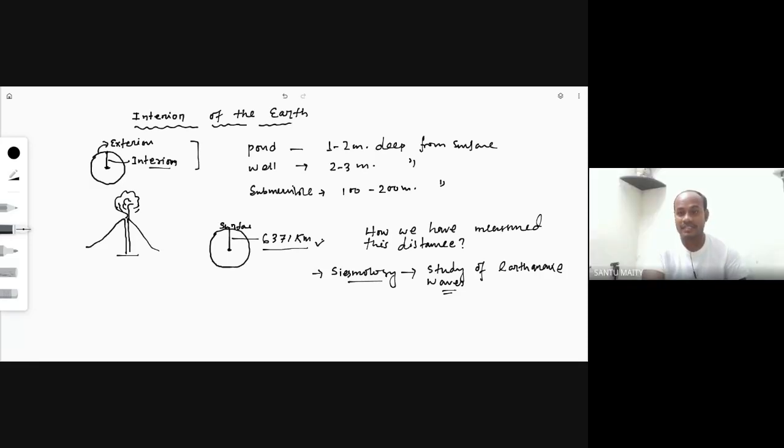We can improve this definition: due to the bursting of a huge amount of energy, when our surface experiences sudden vibration, that is called an earthquake. Or alternatively, the sudden vibration of the Earth's surface due to a huge amount of bursting of energy.